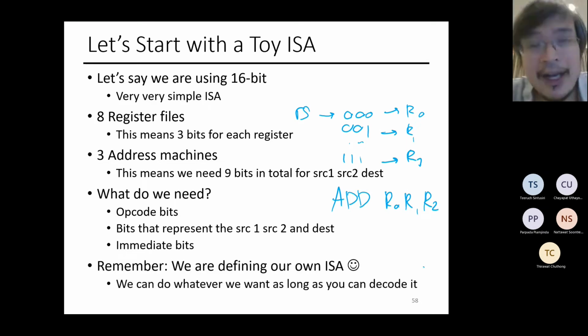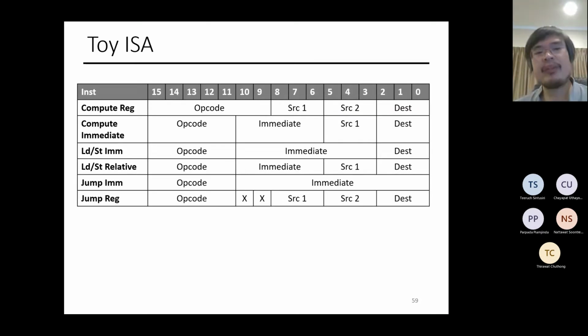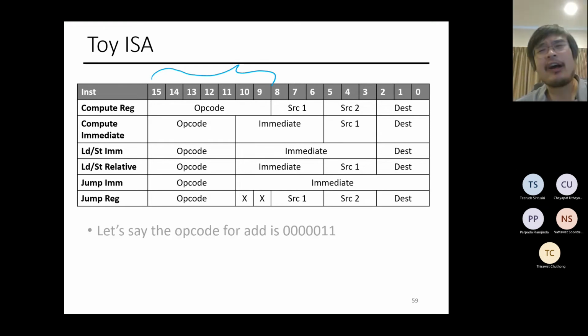And remember, we're defining our own ISA. We're not taking x86 or ARM or RISC-V. This is our toy ISA for this class. So I'm going to define it like this. If I do a compute instruction, the first 7 bits here would be the opcode. And let's say the opcode for an add is 0000011.